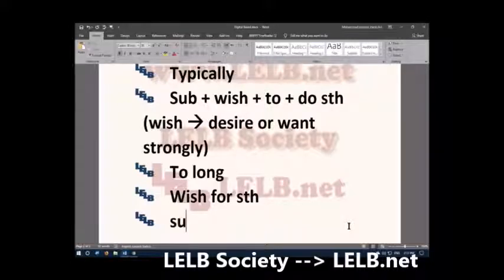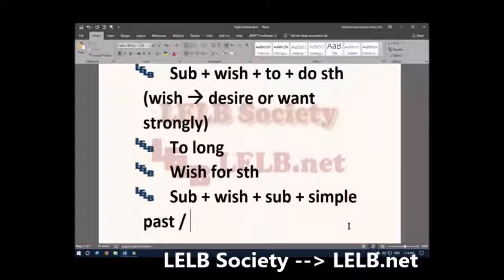For example, subject plus wish plus another subject or the same subject. Actually, it depends. Subject plus either simple past tense or past perfect tense.